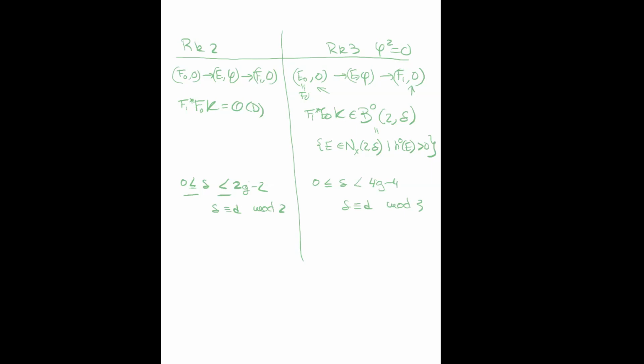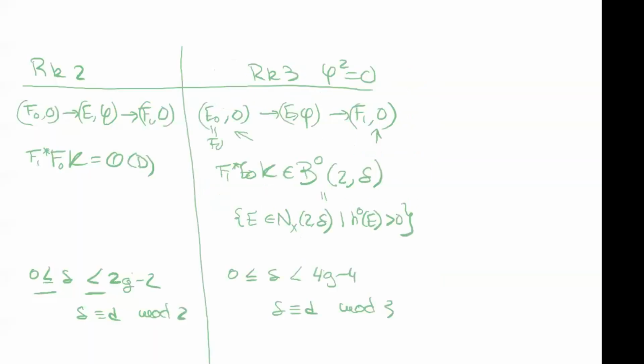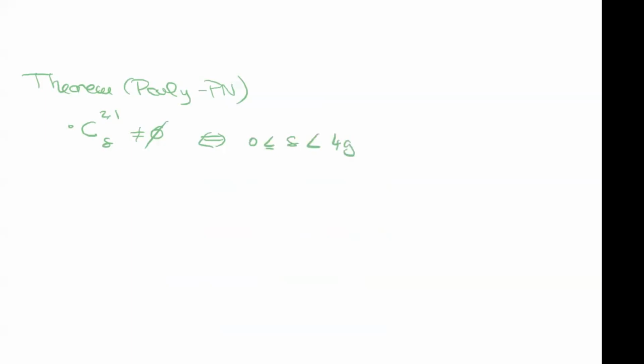This is already known, but this would give a new way to check it. The component is non-empty if and only if we have the invariant in the range I just explained.